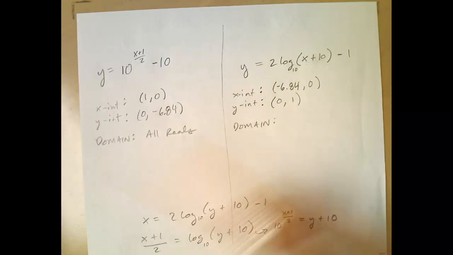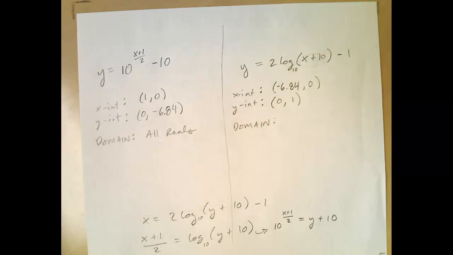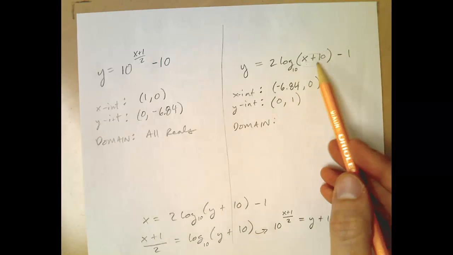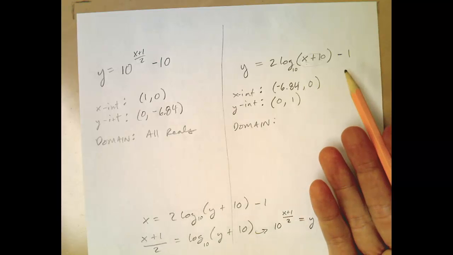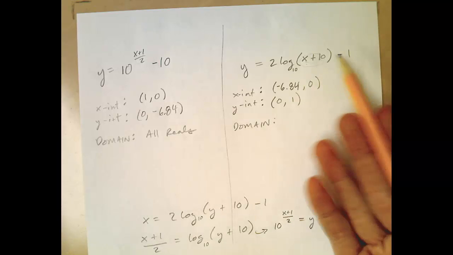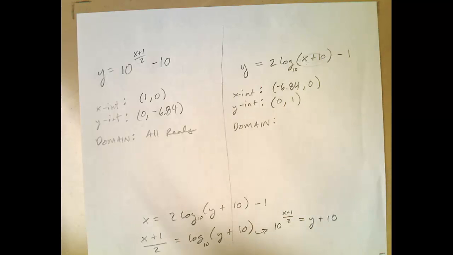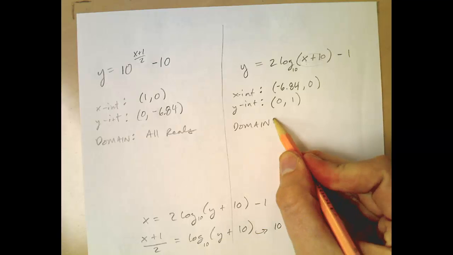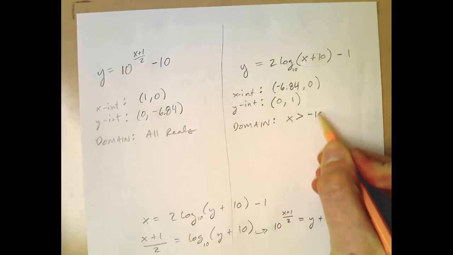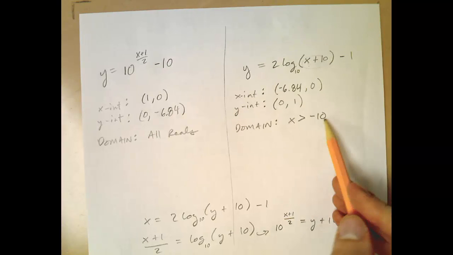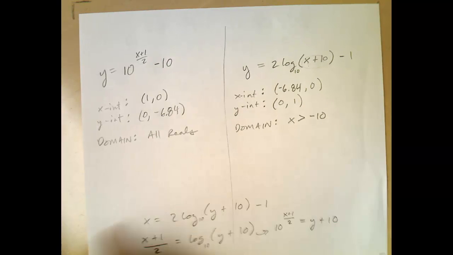Negative 11 wouldn't work because that makes a negative argument. So negative 10 is the boundary, see? Anything greater than negative 10, I could have negative 9. I could have negative 9.999. Any of that would make a positive argument, and I'd have a defined value as my output. So I can say x must be greater than negative 10. Not including negative 10.